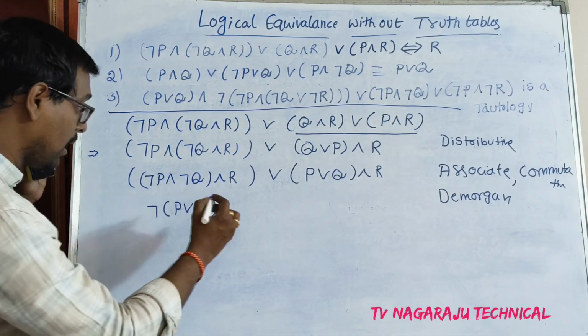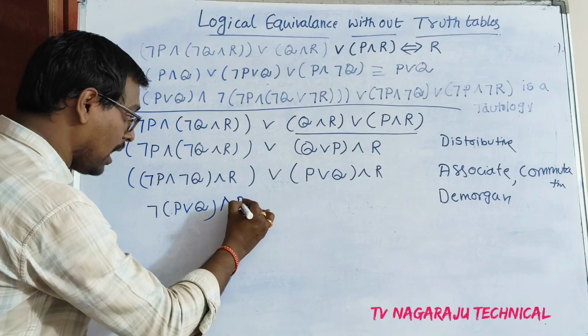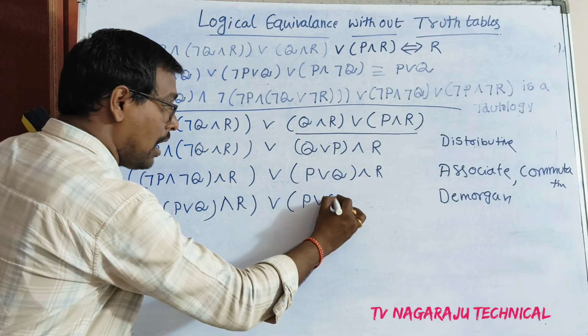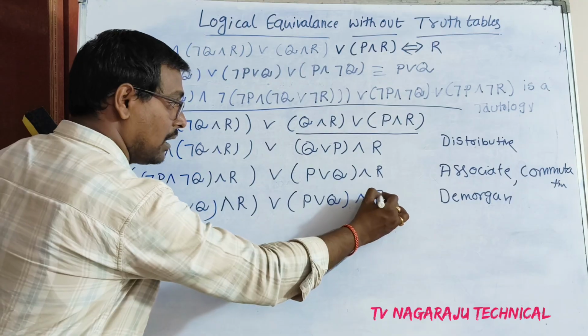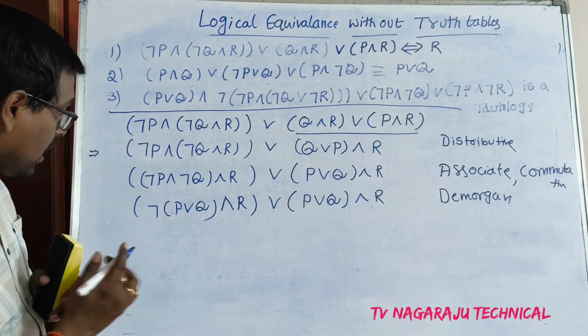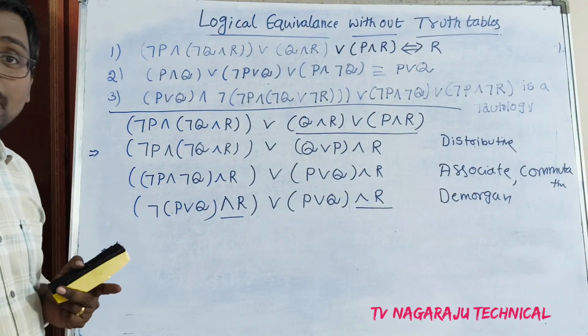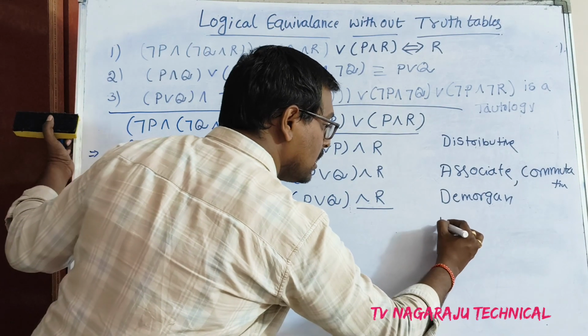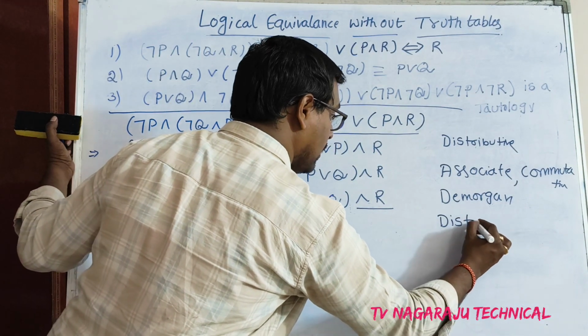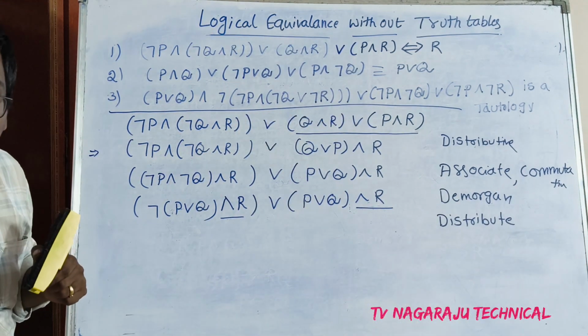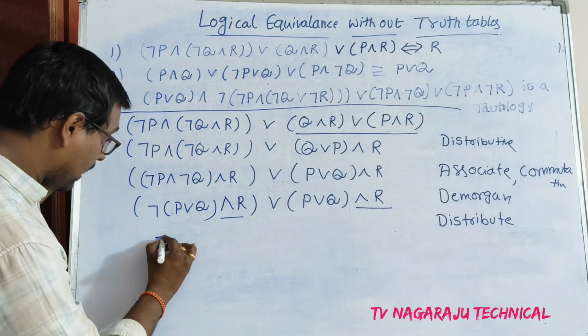So the De Morgan law is applied, and R. If you observe the pattern carefully, negation of P or Q, and R. Now which law? Simply use the distributive law. How do you apply the distributive law?